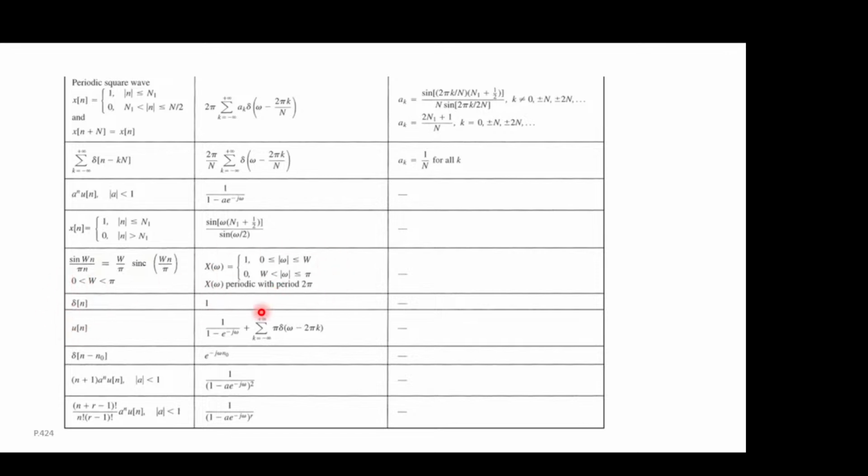And the delta function gives you 1 as usual. And the unit step function gives you this very weird thing that you can derive from integration, the accumulation. And finally, you have a delta function with a shift, then you get e to the minus j omega n naught. Okay. So that's a review of what we talked about in this chapter.